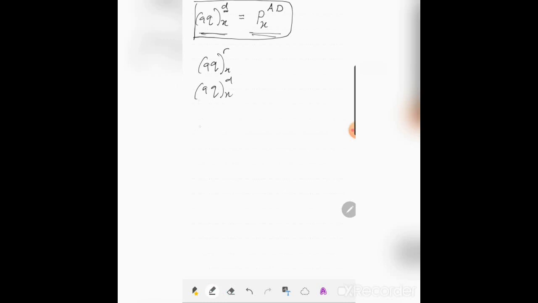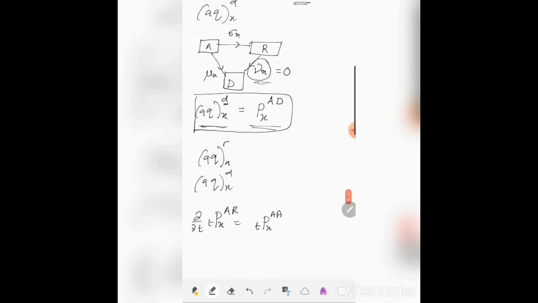So we know that the derivative of TPX from active state. I have to go from active to active multiplied by sigma, and then active to retired. This is active to retired.